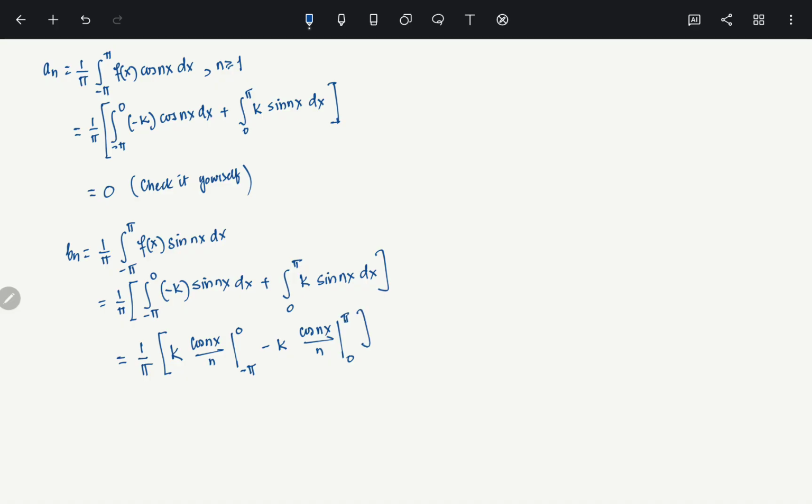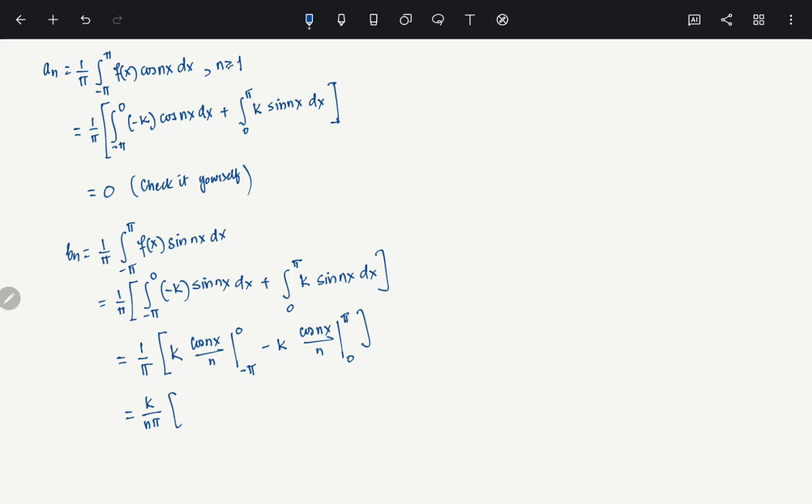Okay, if I do that, you are going to get cosine 1 by n and cosine minus pi by n, so that will be minus 1. So b n's, we are going to get it as k, I am going to take common by n pi, because that n part is there in common in both. k by n is common in both the terms, so I am just taking it out, so it becomes k by n pi, and then I have cosine 0, and cosine minus n pi, and then cosine n pi, right?